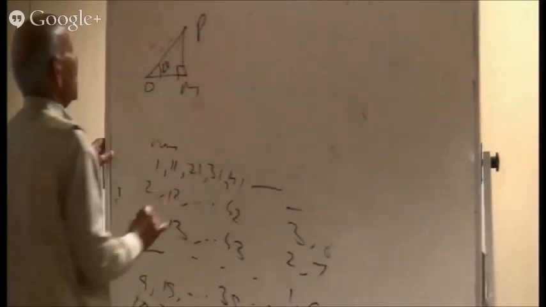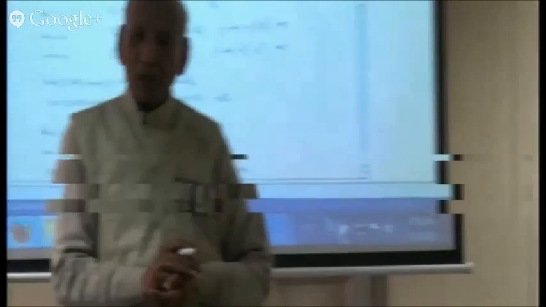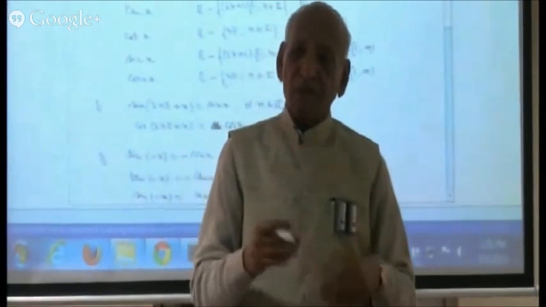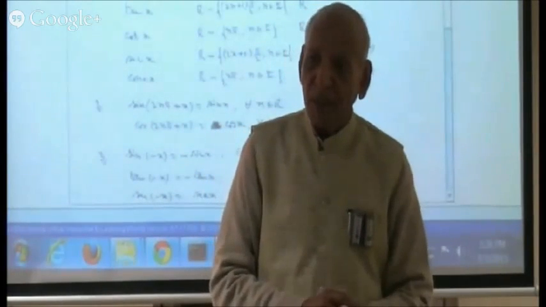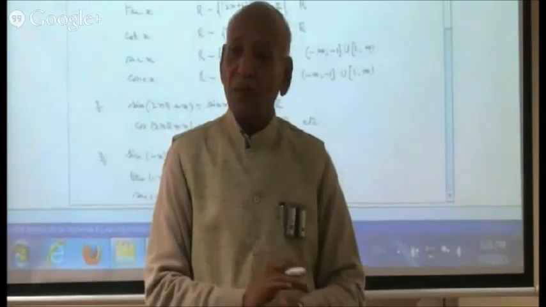We mark this angle as theta, then we define sine theta, cos theta and all that. That was limited only to a triangle. Of course, we have to solve some problems on triangles as well. Then we might need this type of trigonometry. But we have to go much beyond that.